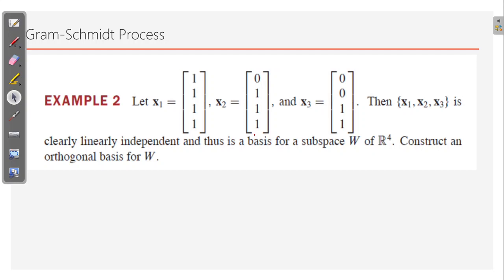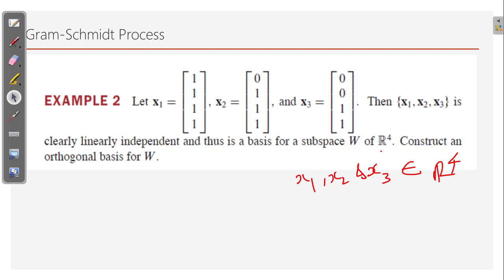The previous discussion, the concept and the procedure, can be extended to this example too. By explaining this example, we can generalize the Gram-Schmidt process. They have given three vectors x1, x2 and x3, which all belong to R4.